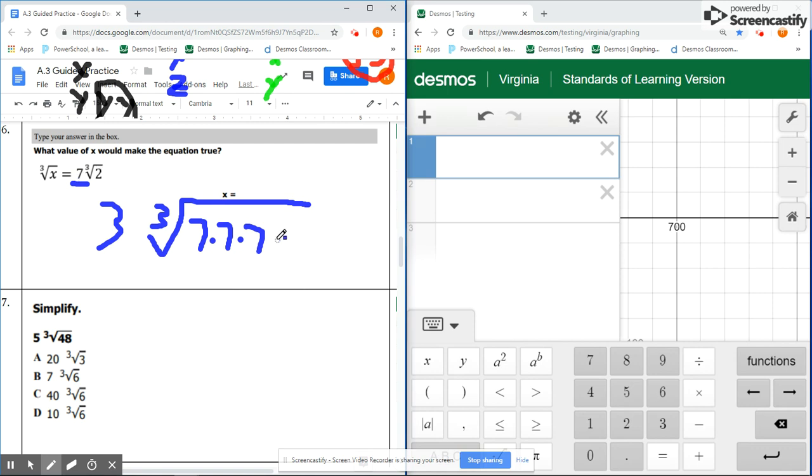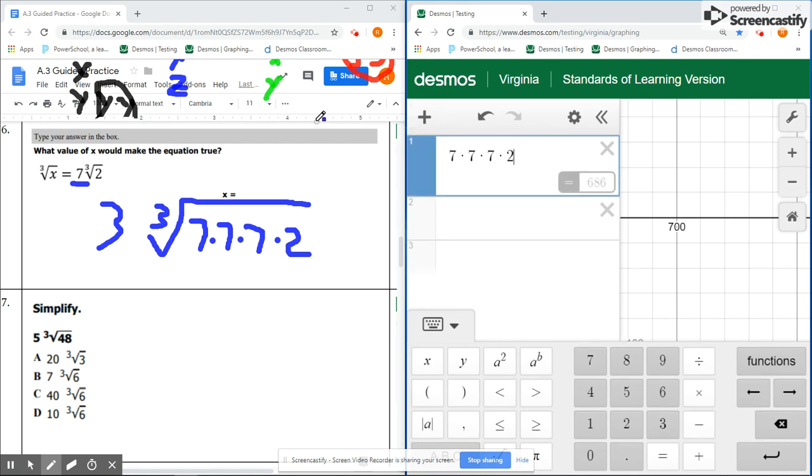And then we also have that extra 2, okay? So the number that is on the inside here is actually going to be 7 times 7 times 7 times 2, which is 686. So our answer that we're going to type into our box is 686.